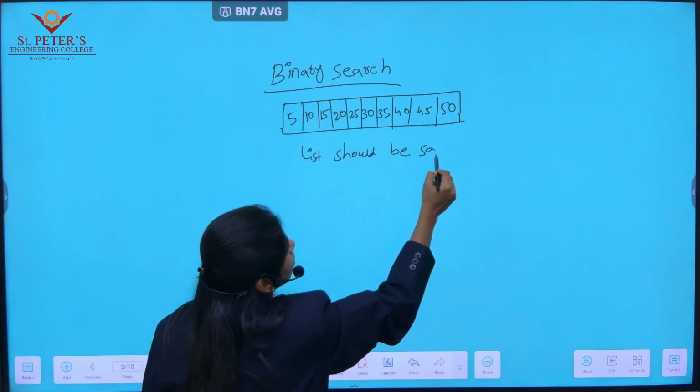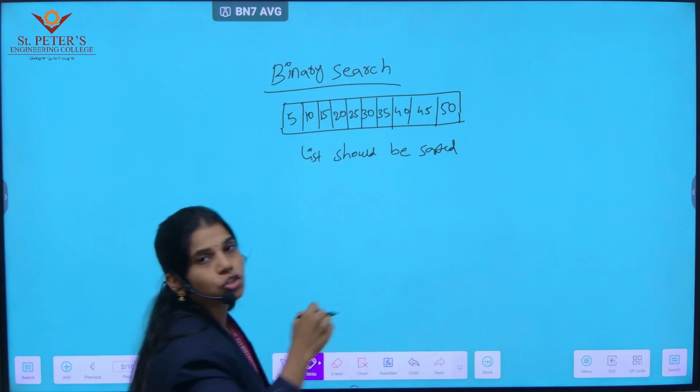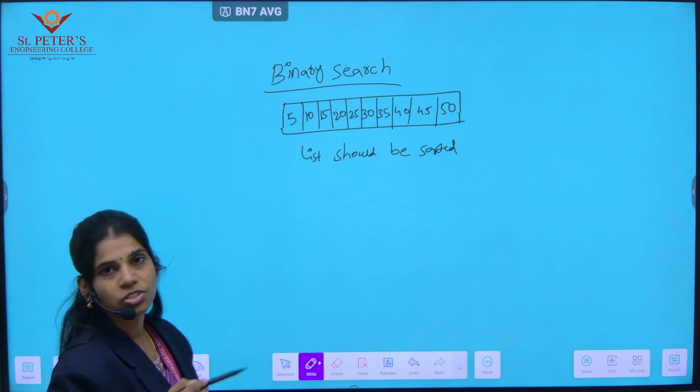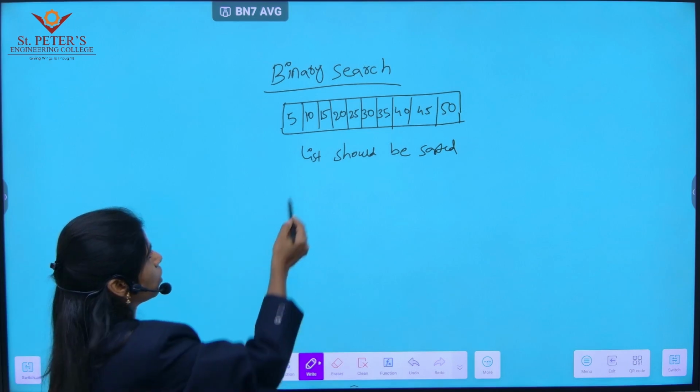Then only we can apply binary search on the given list. So this is one of the prerequisites.